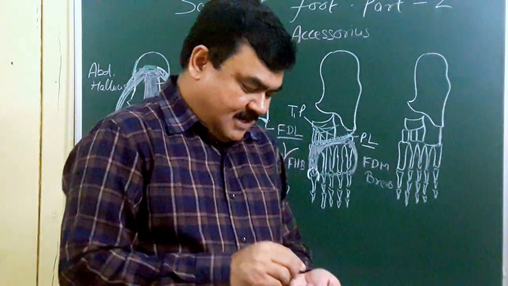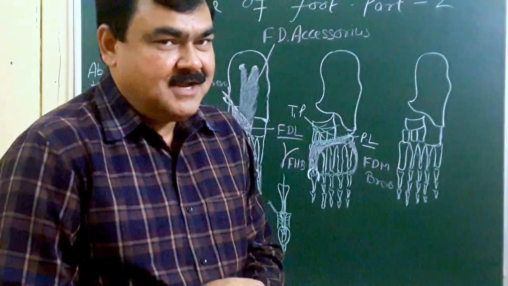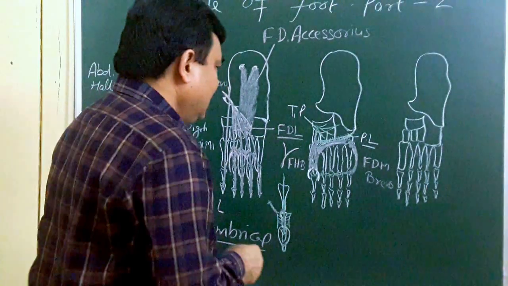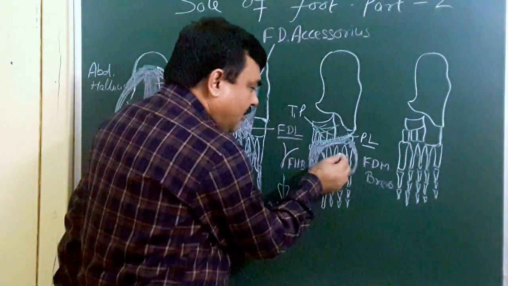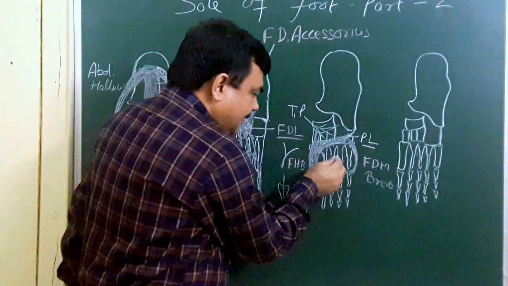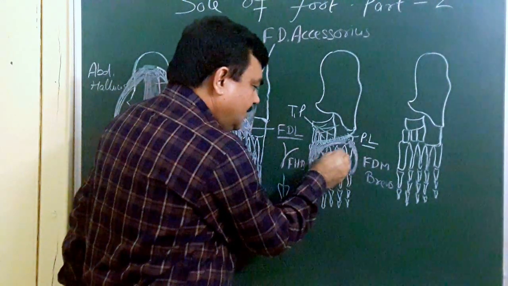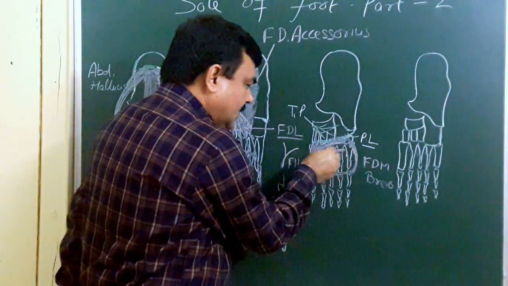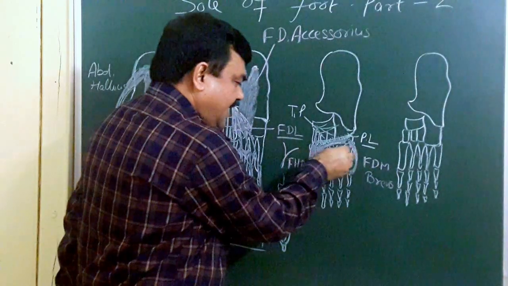Another muscle of this region is adductor hallucis. Adductor hallucis takes origin from the second, third and fourth metatarsals near the base.